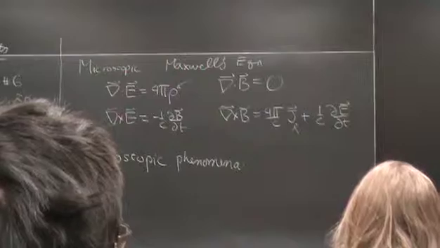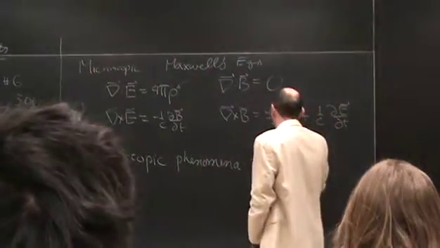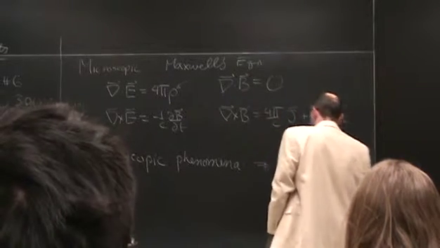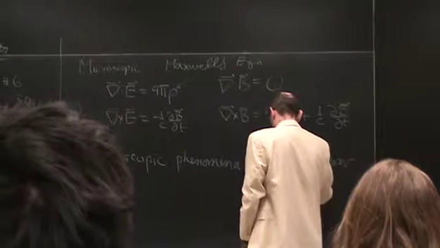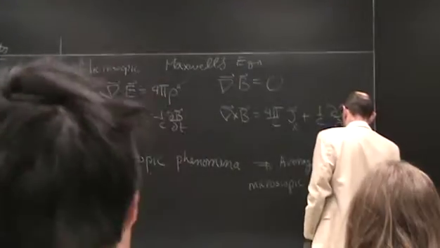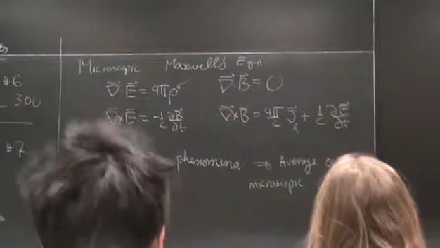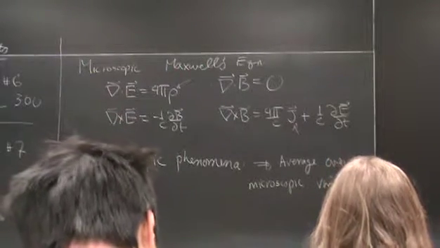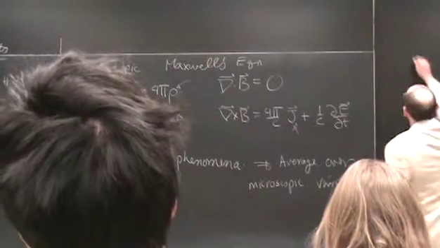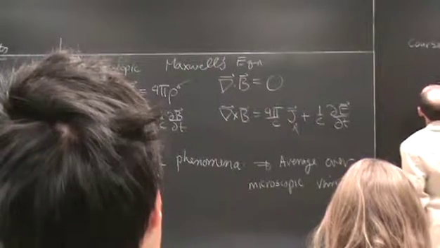When we're talking about macroscopic phenomena, what we want to do is average over microscopic variations. We can get at this in a fairly straightforward way by a process of what you might call coarse graining.